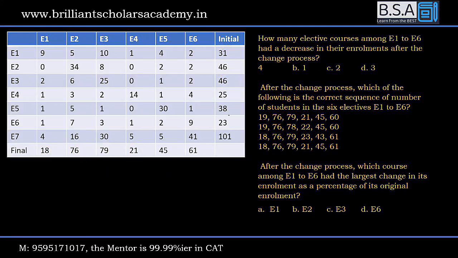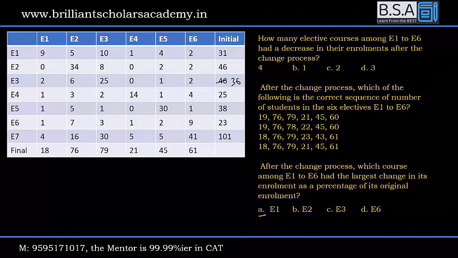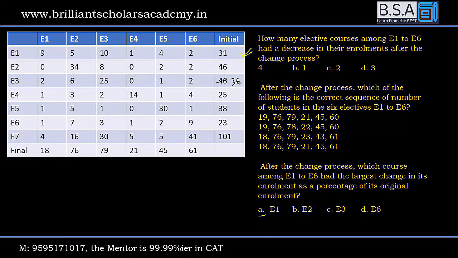We want the percentage change. E1 initially has 31 people. Finally, there are 18. So the change is 13 by 31. Leave it there. This is E1.